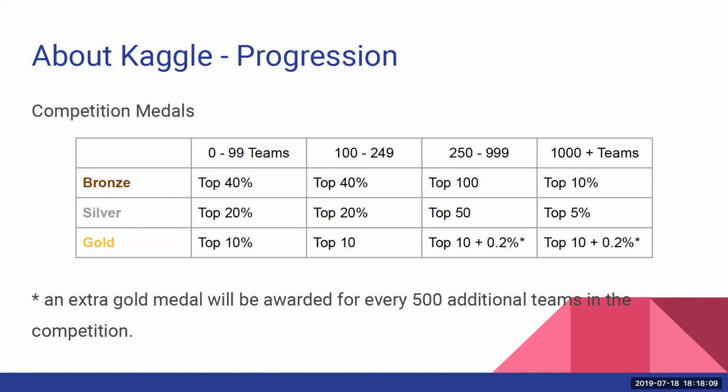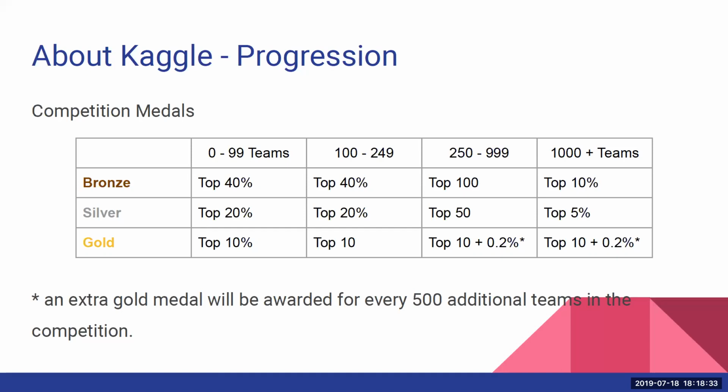So this is how medals work on Kaggle. Every competition has rankings, and people who participate in Kaggle may have a chance to win a medal. It may be a bronze medal, a silver medal, or a gold one. And recently, I wouldn't say that there are many competitions with fewer than 1,000 teams.